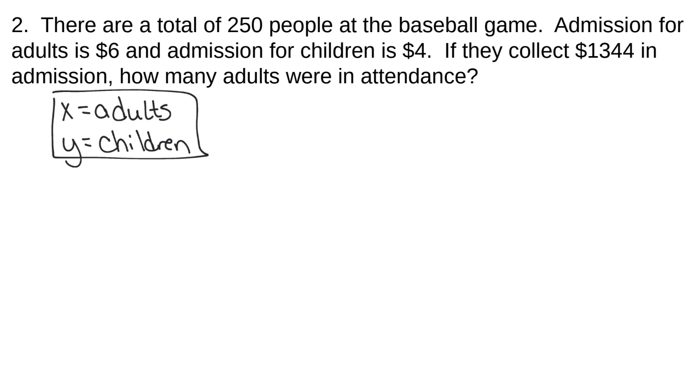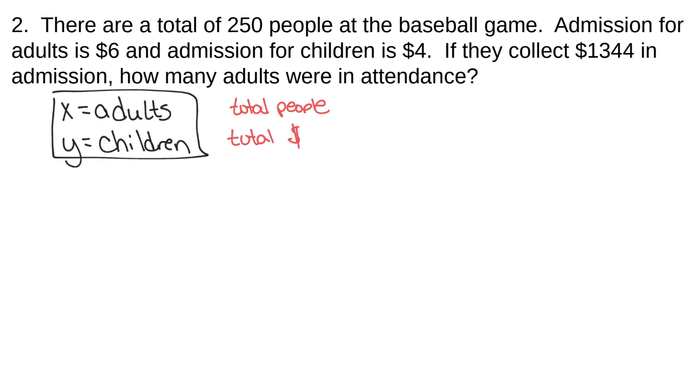These two numbers, the 250 and the 1,344, are both totals, and we're going to use those to write two equations. One equation is going to be total number of people. The other one is going to be total number of dollars or money.